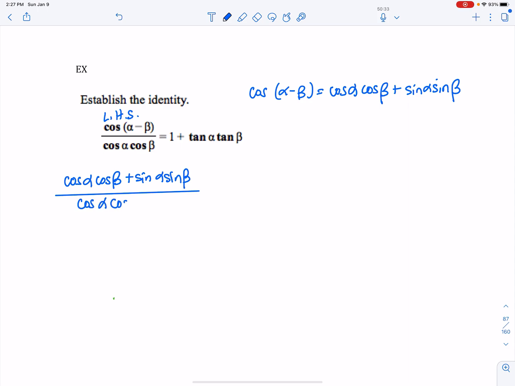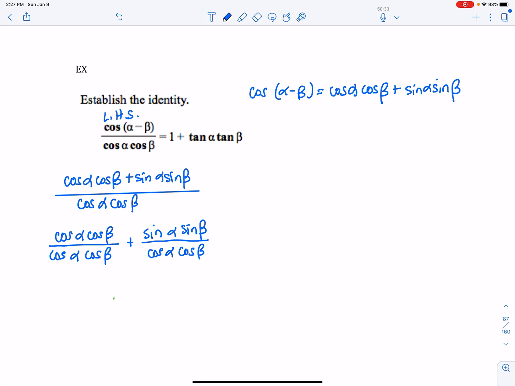cosine alpha cosine beta. Since I'm dividing by a monomial, monomial means one term, I can break up the numerator into 2 pieces. So this becomes cosine alpha cosine beta over cosine alpha cosine beta plus sine alpha sine beta over cosine alpha cosine beta.